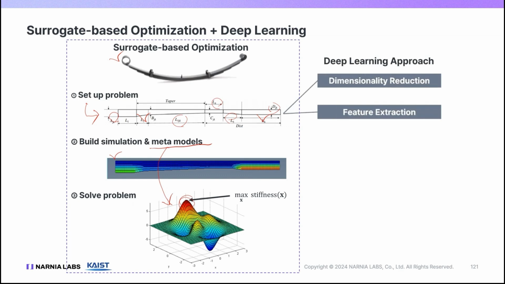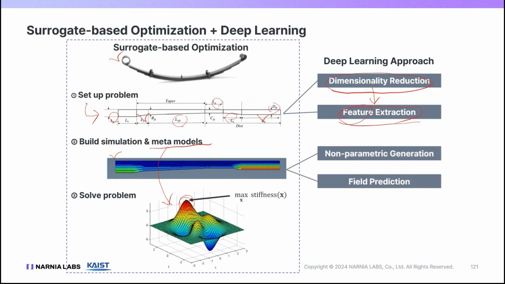However, with the advent of deep learning, instead of parameterizing the problem as before, dimensionality reduction is performed so that feature extraction happens automatically in the reduced dimension. This way, there is no need to fix or select specific values. Then, based on these features, designs are generated in a non-parametric way, and CAE simulations are performed on those generated designs.